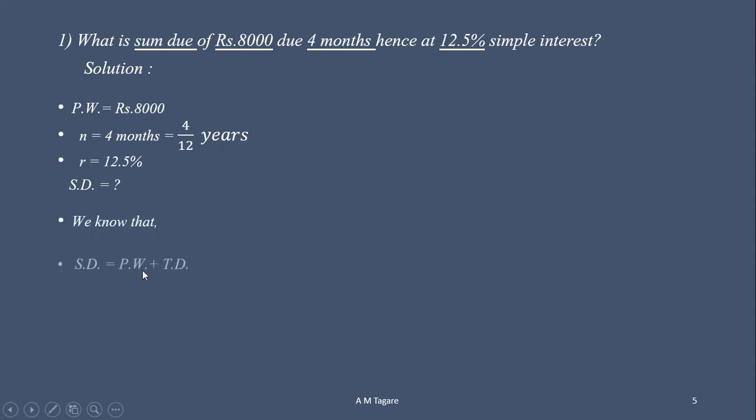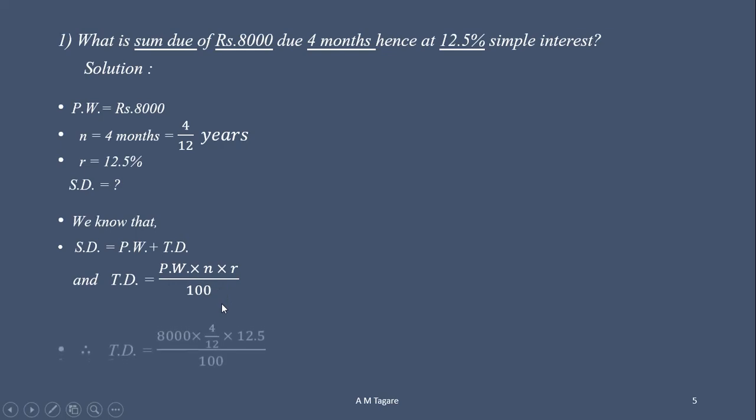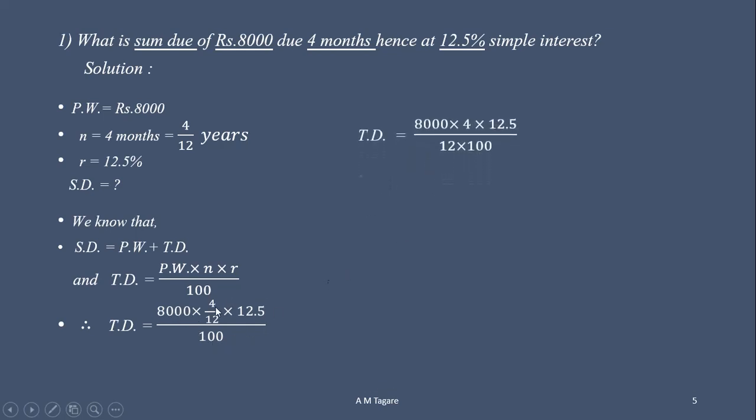So we know that sum due is equal to present worth plus true discount, and this true discount we can calculate using this formula PW into N into R upon 100. So we substitute these values. True discount is equal to present worth 8,000 into N 4 upon 12 into R 12.5 upon 100. Now cancelling these two zeros, we get 8,000 into 4 into 12.5 upon 12 into 100.